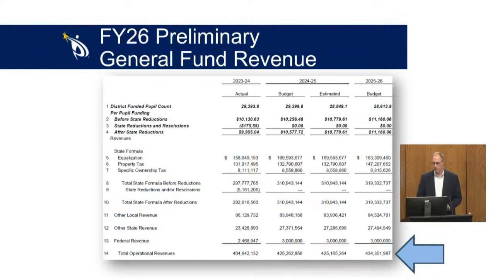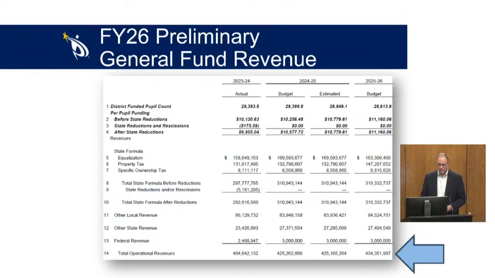Total program, $319.3 million. That's about 73% of this general fund revenue. Okay, we focus heavily on that when we talk about the budget because it's 3/4 of the budget. It's the big deal. And we'll talk about where we are with our certainty of that number shortly.